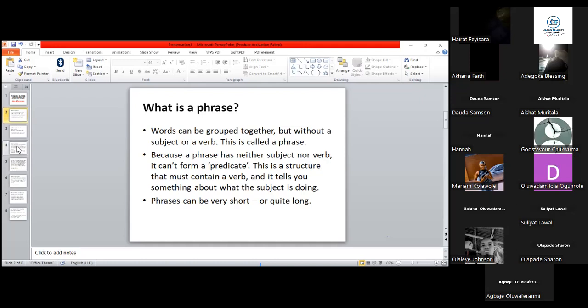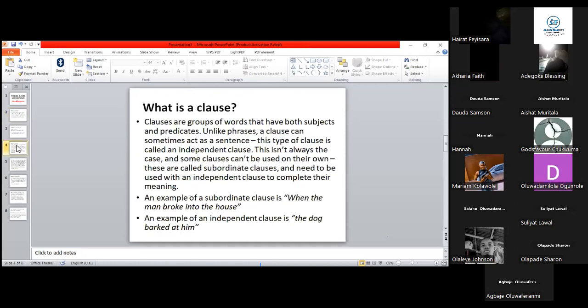Moving up from there, we went into the clause, and we said that a clause is a group of words that has both a subject and a predicate. We said that a clause can be used as a sentence. However, I pointed out that not all clauses can be used as sentences, because we have independent clauses and dependent clauses.